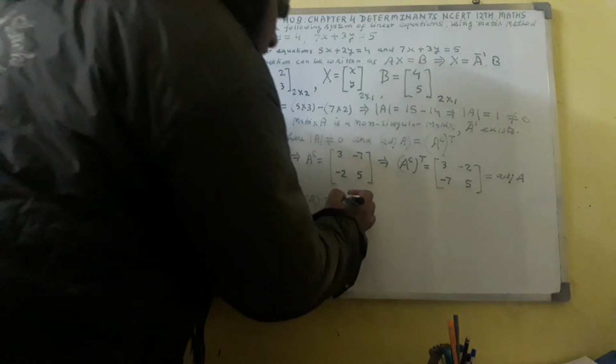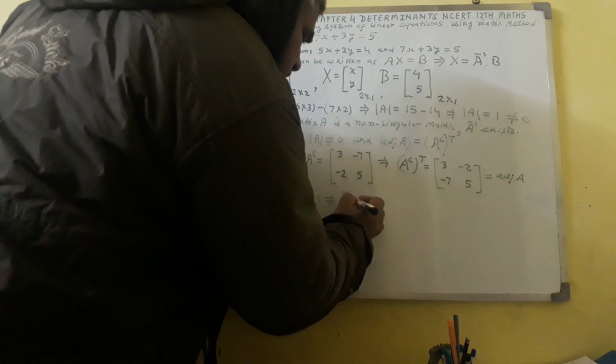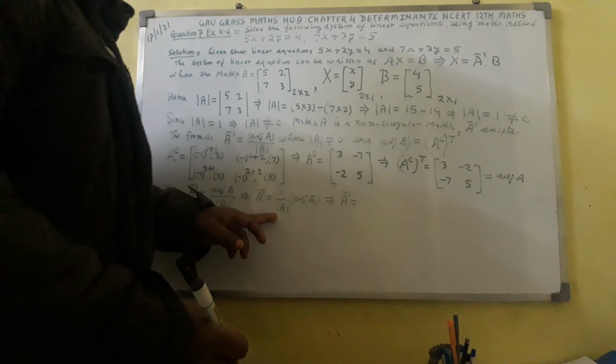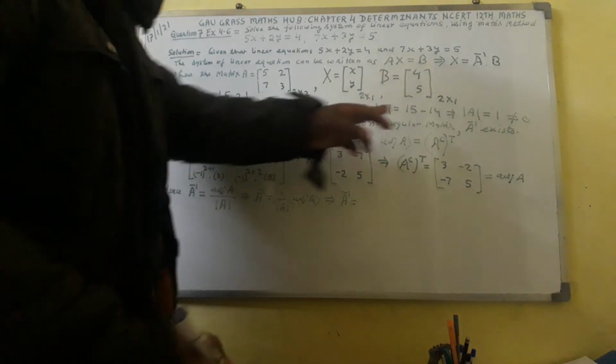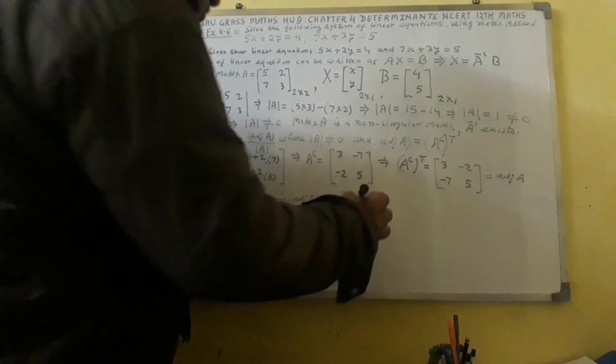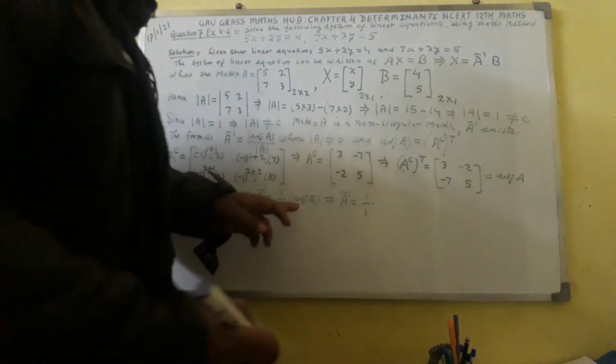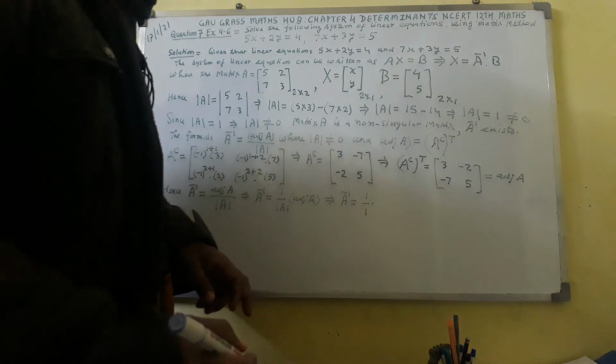Now comes out to here A inverse equal to, here you have got determinant of matrix A. Determinant of matrix A you have got here 1. So here write 1 over 1 dot adjoint of matrix A, you have got this one.